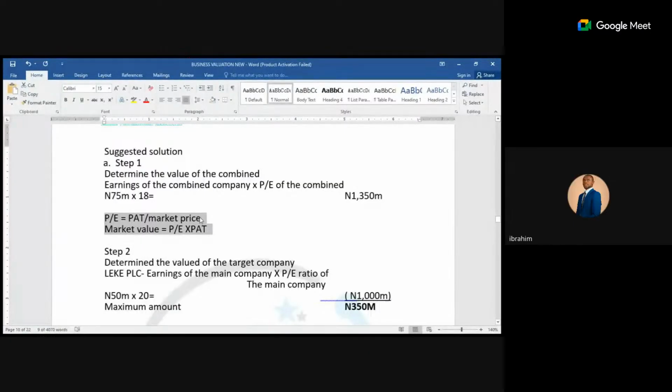PE equals market price divided by earnings per share, so market value equals the PE ratio times the profit after tax. The profit after tax is earnings, and this is the earnings here. Is that not so? Yes.